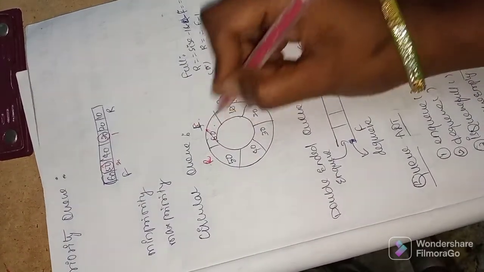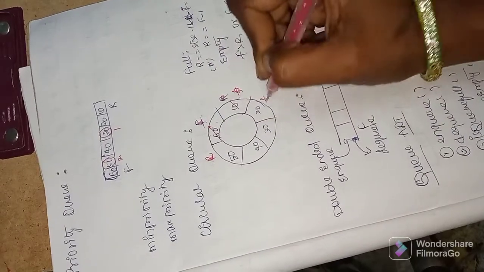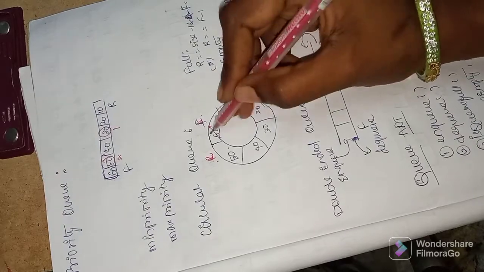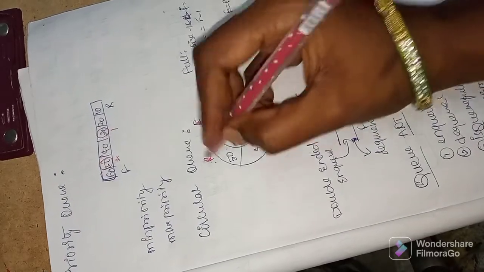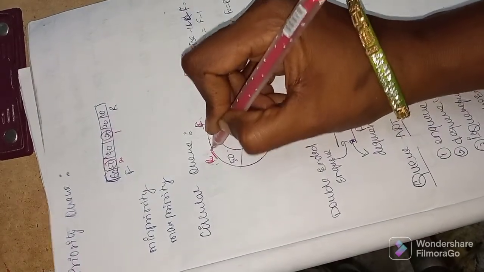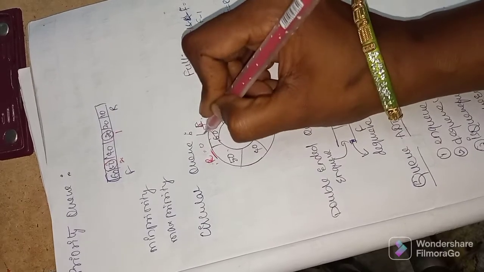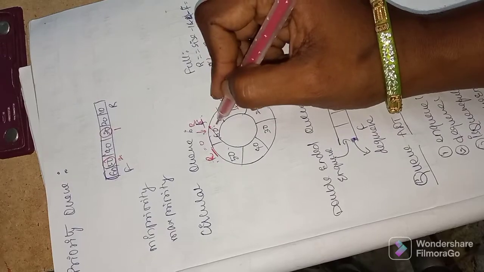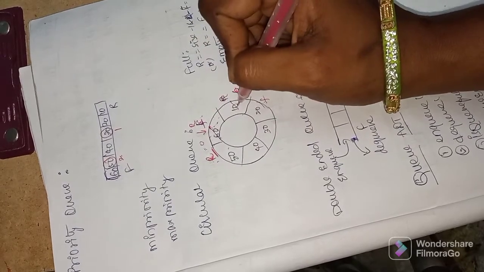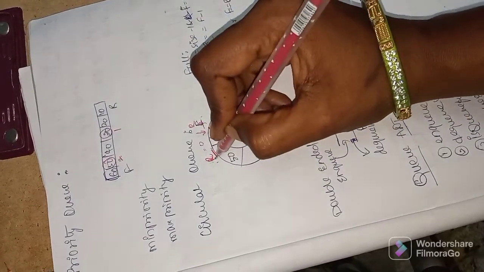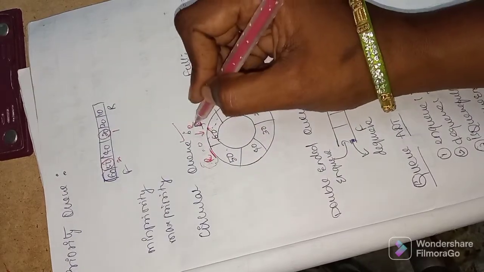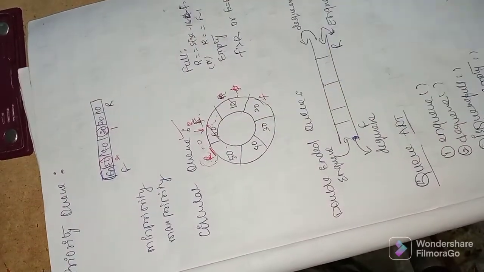This element is not there. This element is not there. F is here. Now R is at the last location. F is here. These two elements I can insert by using the rear variable, making it 0 and pointing R here. So what is happening here? If the elements are deleted by using the front variable, you can insert them by using the rear variable in the circular queue. That is not possible in the normal queue data structure.